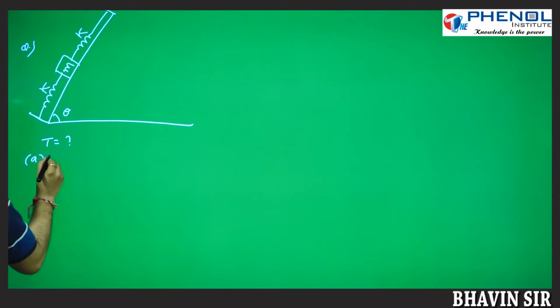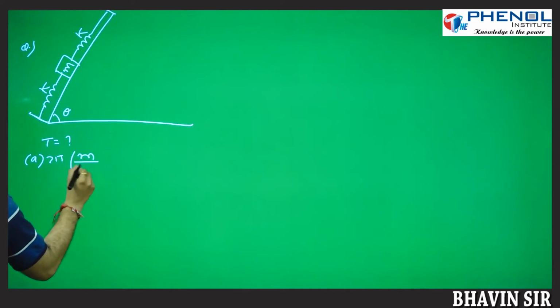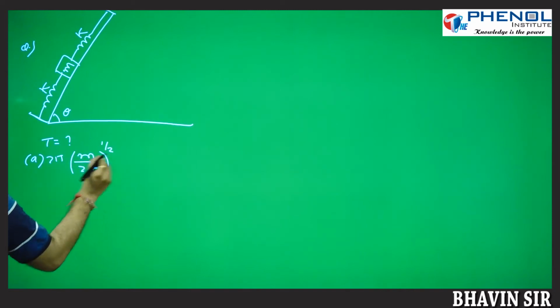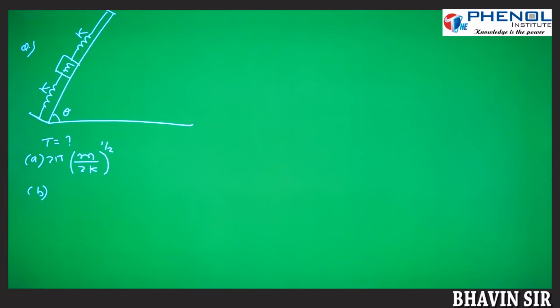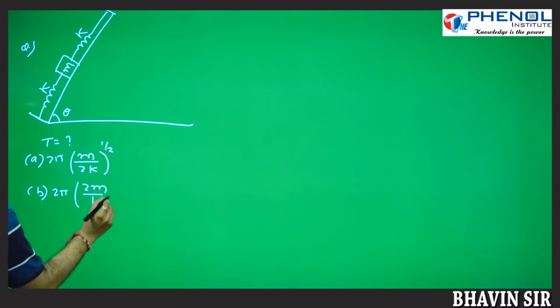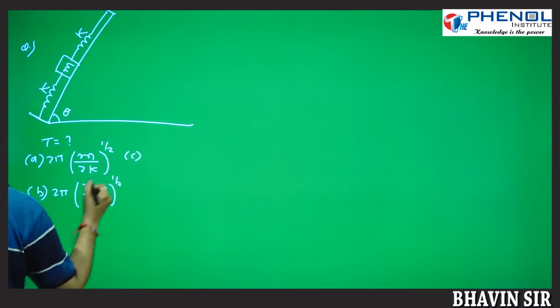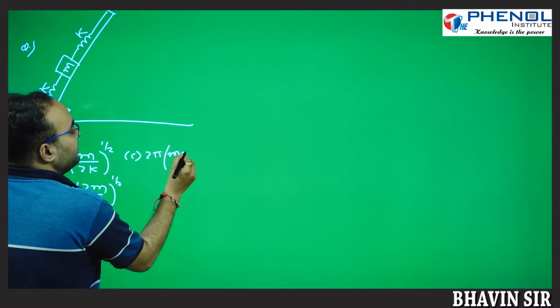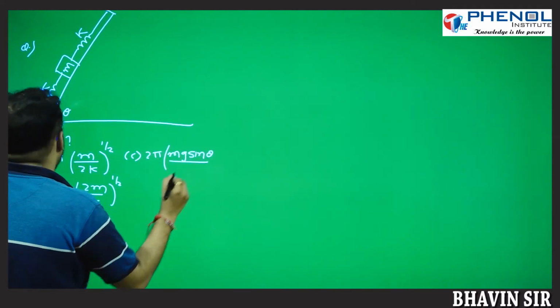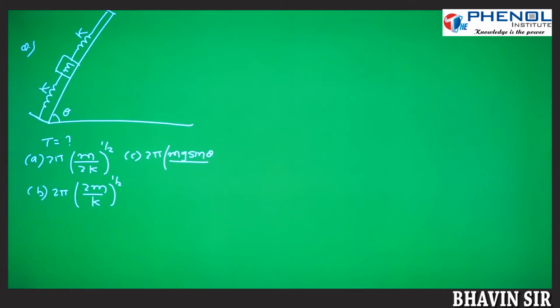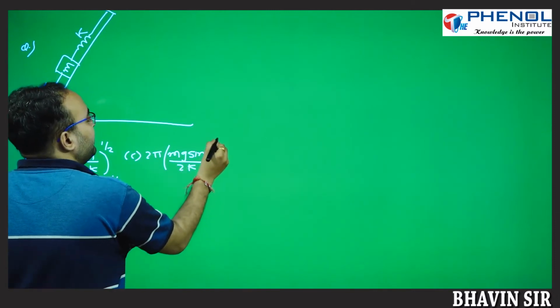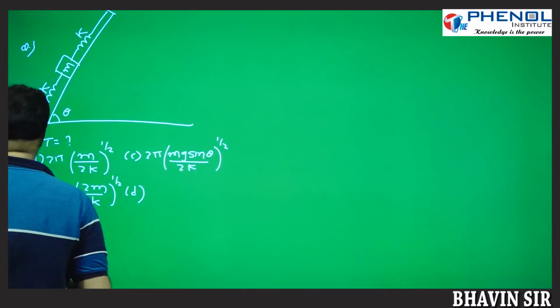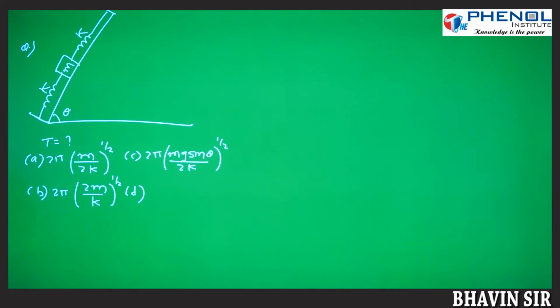The options are: Option C, 2 pi mg sin theta upon 2k raised to half. Option D, 2 pi.